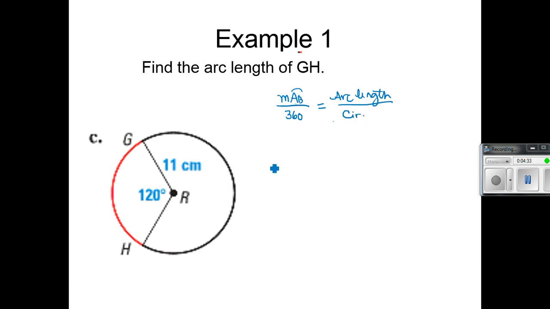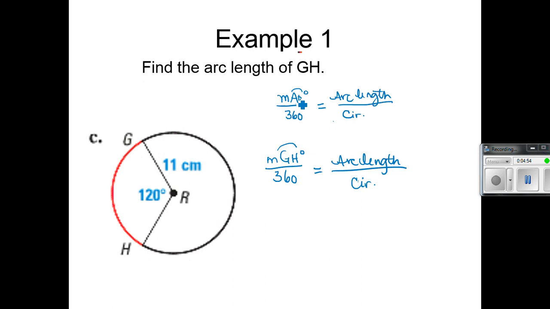We can use any letters there. Now, I'm going to do measure of GH over 360 is equal to arc length over circumference. Okay, so we can do any piece.